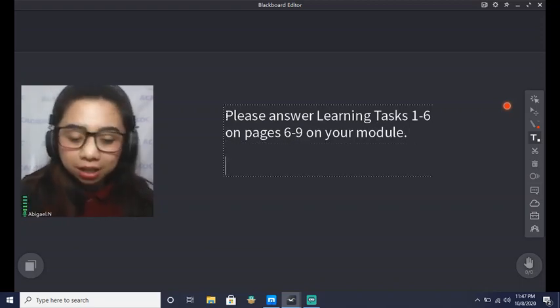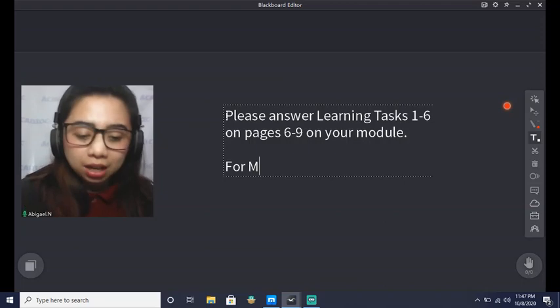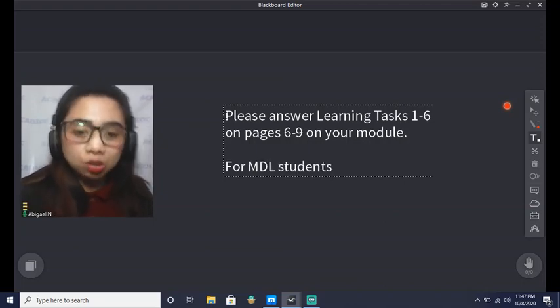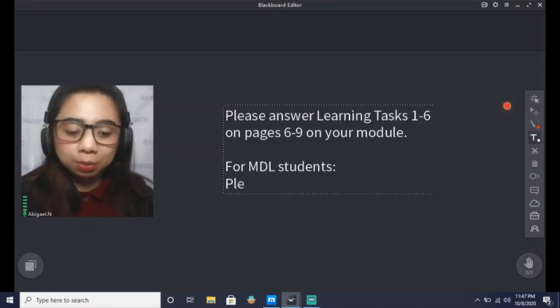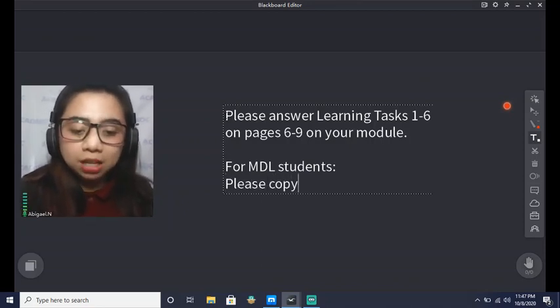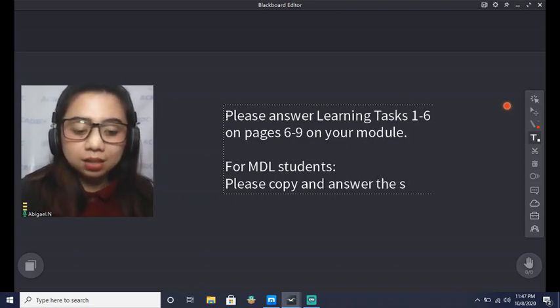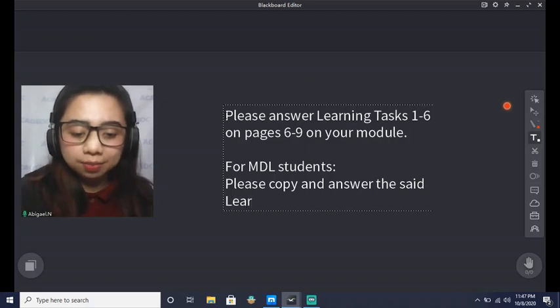For my students who are MDL, or Modular Distance Learning students, please copy and answer the said learning tasks on one whole pad paper.